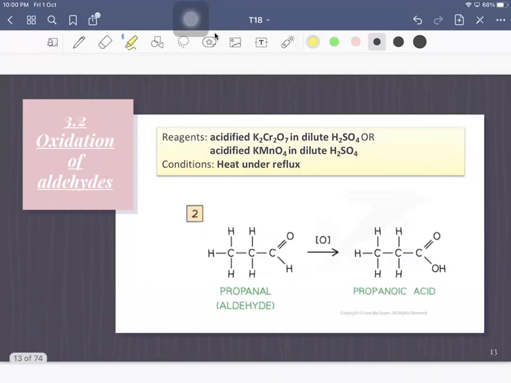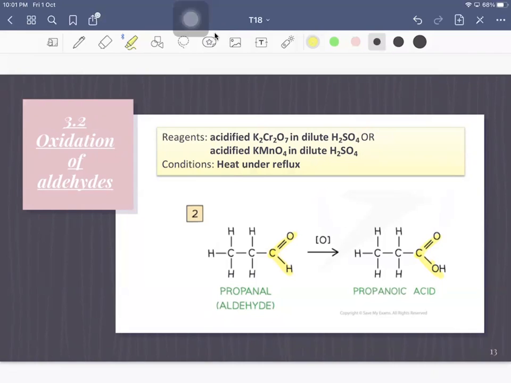Next is oxidation of aldehydes. Again, you don't need special setup for this. You just heat them, choose either one of the oxidizing agents, and then you just see your aldehyde, which is C double bond OH, being oxidized to carboxylic acid, which is COOH.